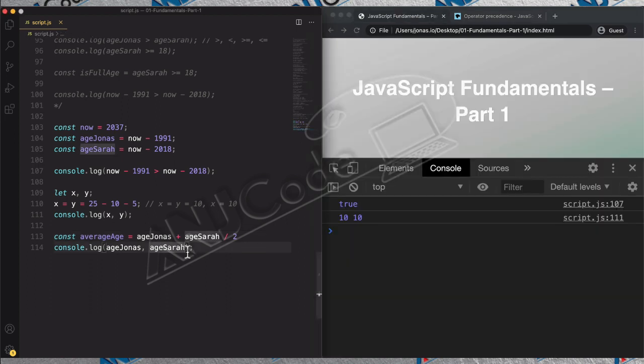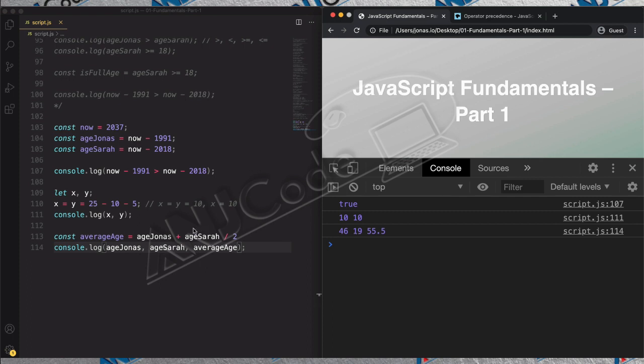So let's actually log that result here as well. And so here the average age is now 55.5, which really doesn't make any sense, because how can the average be larger than one of the two ages, right? And so that's where the parentheses come in.